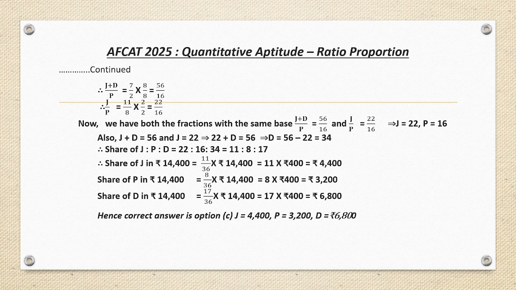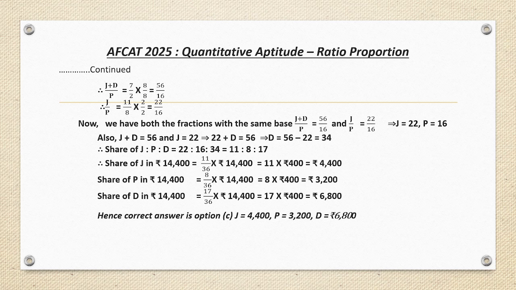And the share of D, the ratio is 17. So 17 by 36 into 14,400 gives us 6,800 rupees. So the correct answer is J is to P is to D is 4,400 to 3,200 to 6,800.